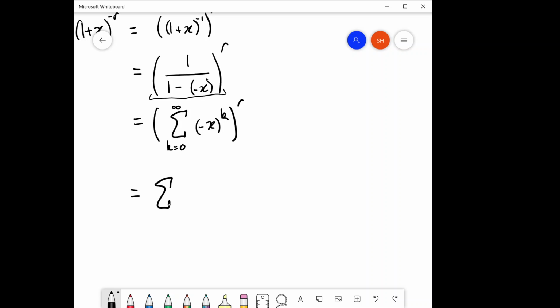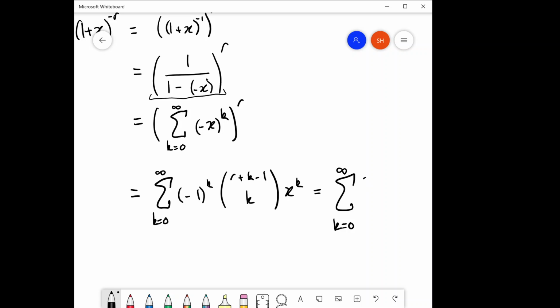I'll skip some steps, but what you get is pretty much what we've defined to be the negative binomial coefficients. Minus 1 to the k, r plus k minus 1, choose k, x to the k, which is the sum k equals 0 to infinity, minus r, choose k, x to the k.